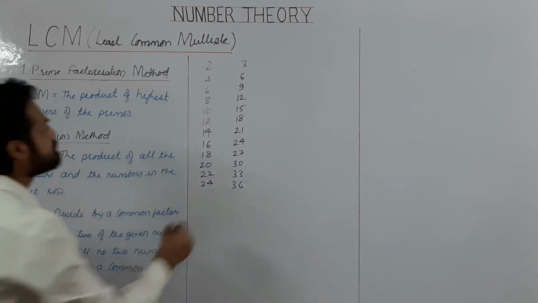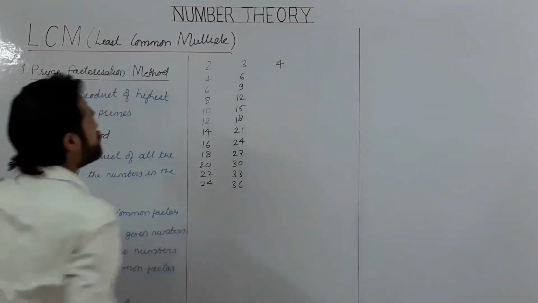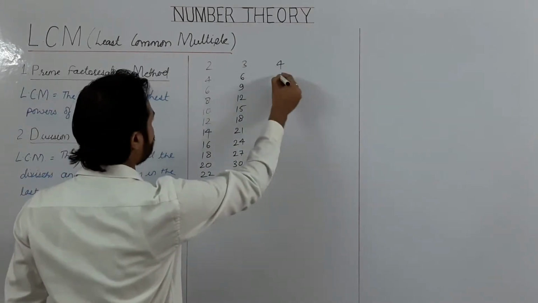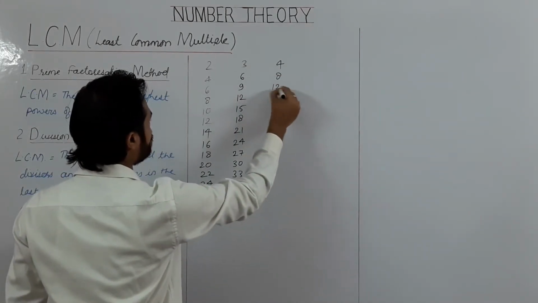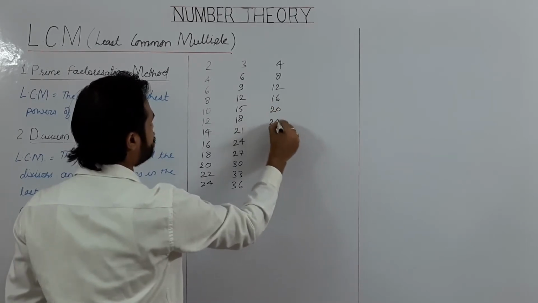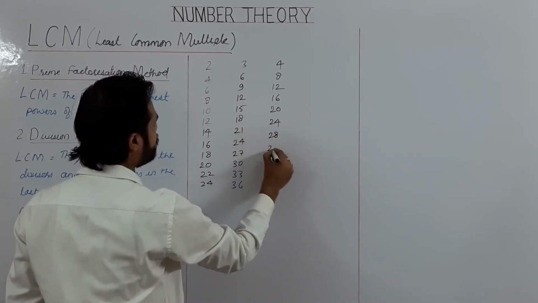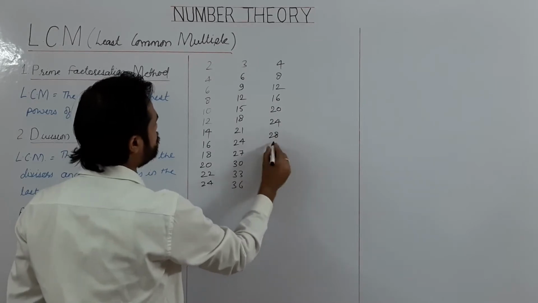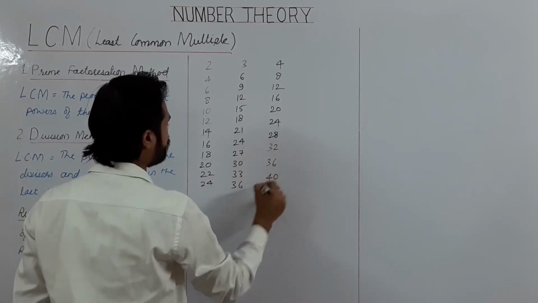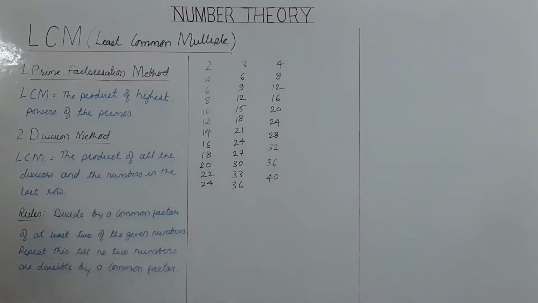And for 4, multiples of 4 means 4, 8, 12, 16, 20, 24, 28, 32, 36 and 40. So these are multiples of 4.